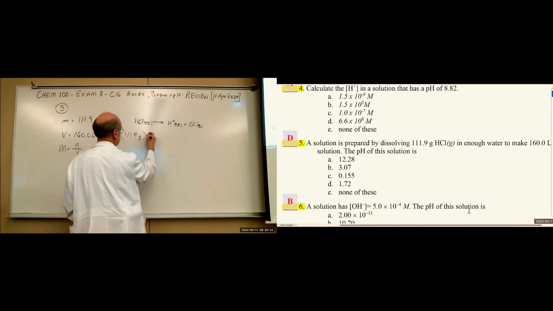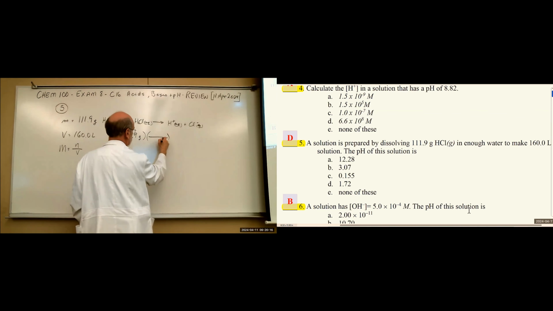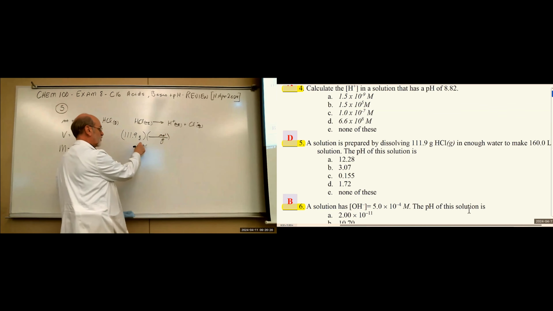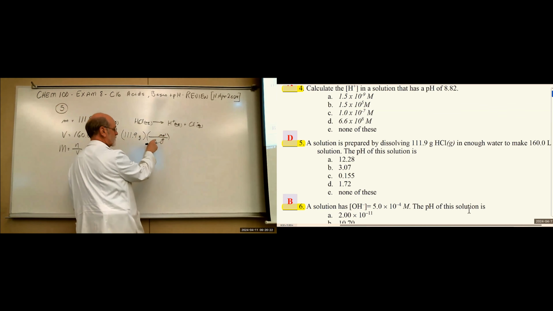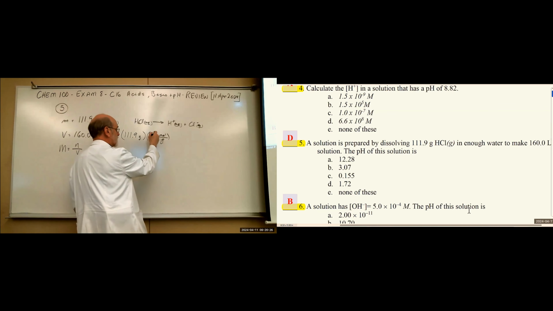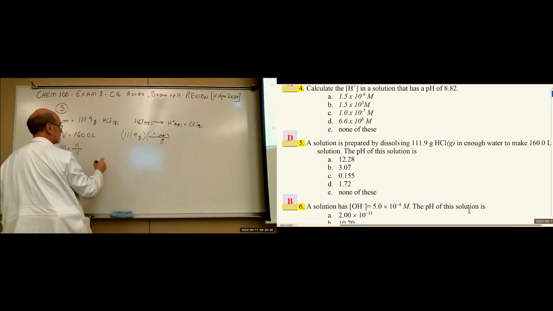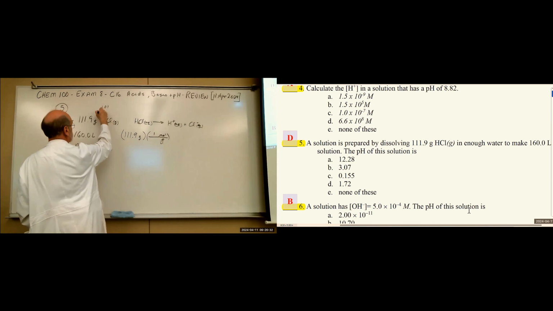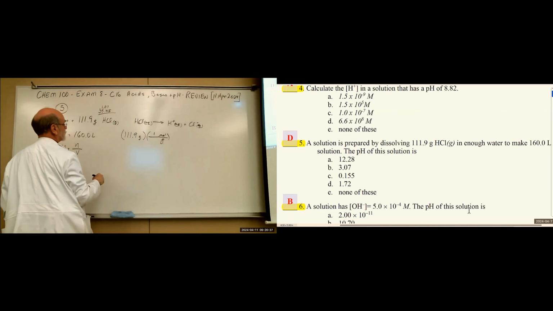This one, though, grams of HCl, we need to convert to moles, right? Numerator, denominator cancels, but we need a value there. What's the mass of 1 mole of HCl? Well, hydrogen is 1.01, chlorine is 35.45 grams per mole.